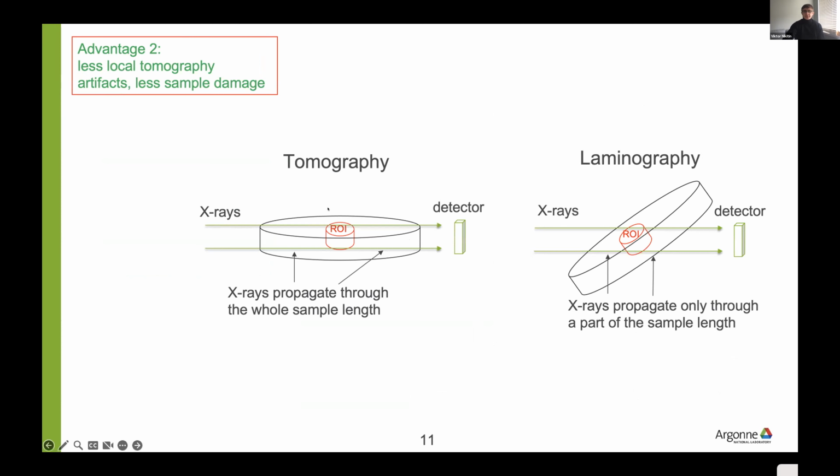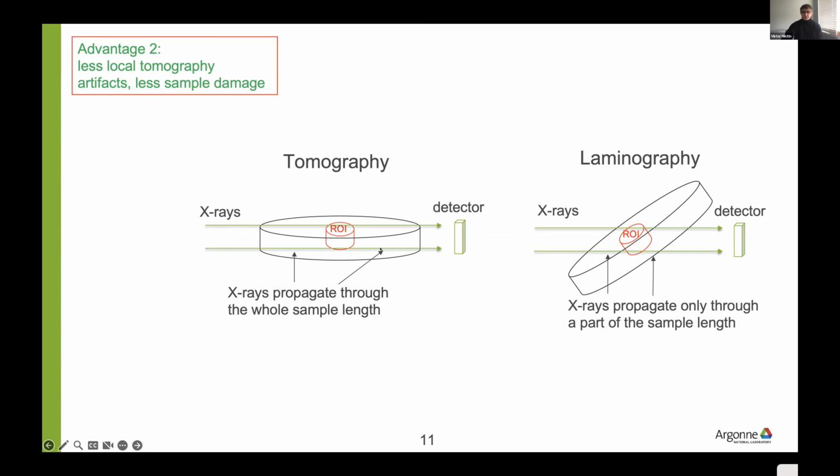If we have a really big sample and our detector has a really small field of view, so we have a really small region of interest, in order to reconstruct this small region of the sample, you still need to propagate X-rays through the whole sample. These X-rays propagate through the whole sample length, and then they are captured by the detector.